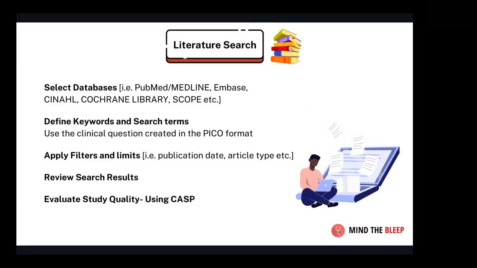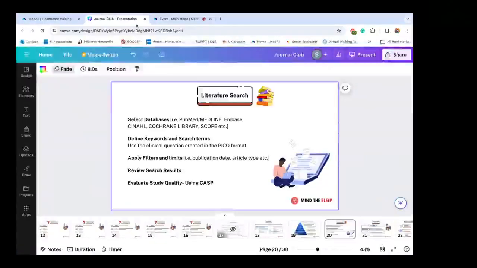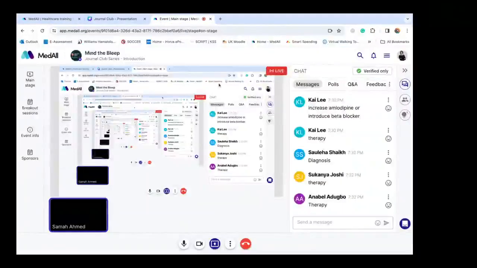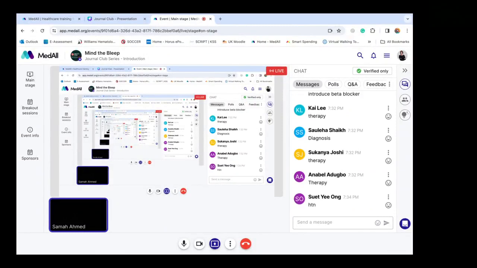So based on our case from Mr. JD, what are some keywords do you think that are related to the case you can use to look up articles that are related to it? What are some keywords? So a few of you were mentioning it earlier. You can use those words as well. Hypertension, yes, very good. What else?